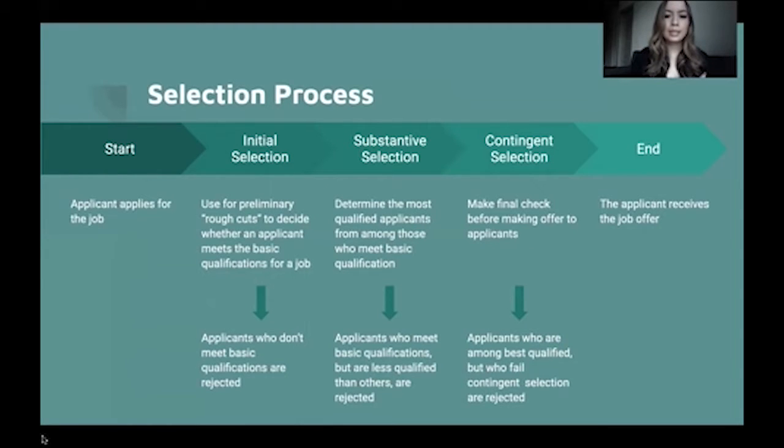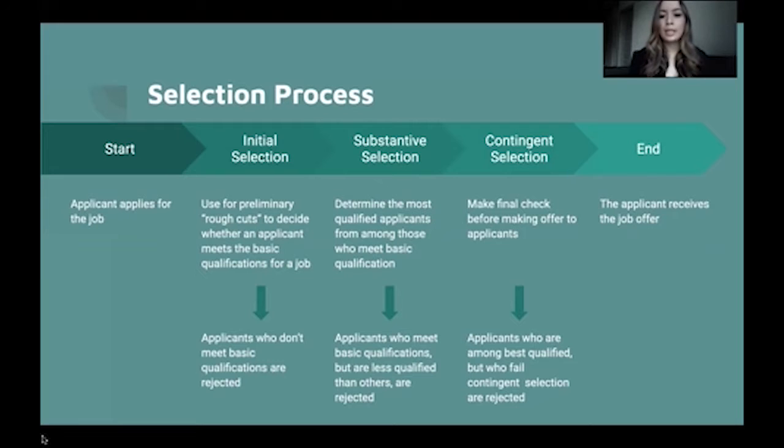So in this substantive selection step, they determine the most qualified applicants by doing written tests, performance tests, and interviews. And if the applicant is among the best qualified, they move forward. If the applicants are less qualified than others, they are then rejected. So now they're in the most important step, which is contingent selection. In this step, they make the final checks before making the offer to the applicant.